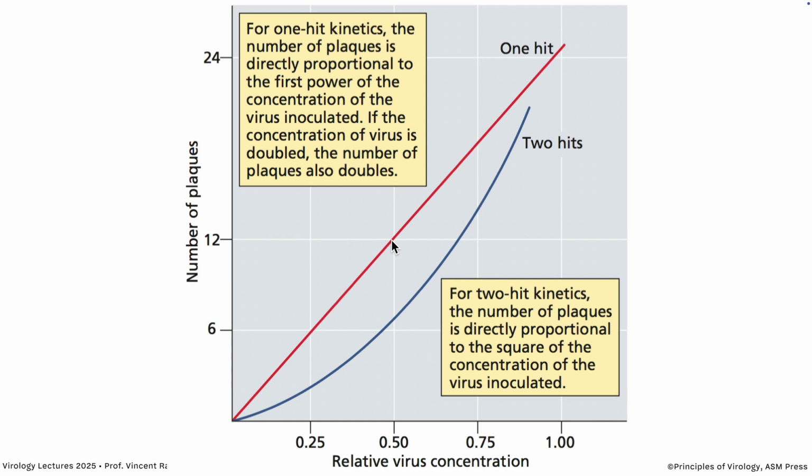If you needed two virus particles to form a plaque, then you would get a curve like this. And actually, there are some viruses that require infection with more than one particle to initiate infection.